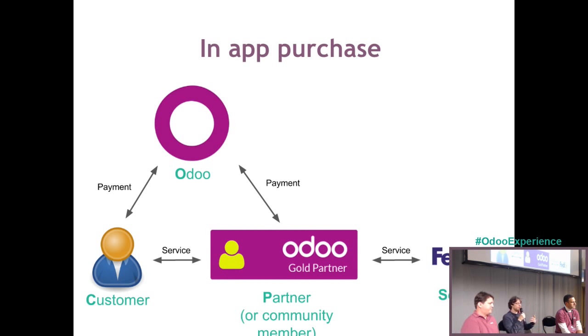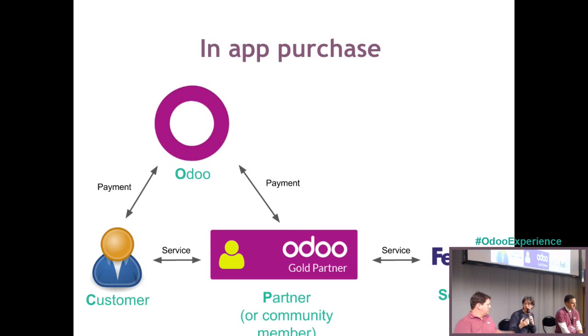I think it's a problem of words and terms, because when we meet a partner in the context of Odoo, we always think of an integrating partner, somebody who goes into a company to install and configure it to make it run there. And the people who, for example, publish apps on our app store, some of them don't do that. They are just a software editor. So we don't call them partners, but from a business point of view, of course they are partners because we do business together.